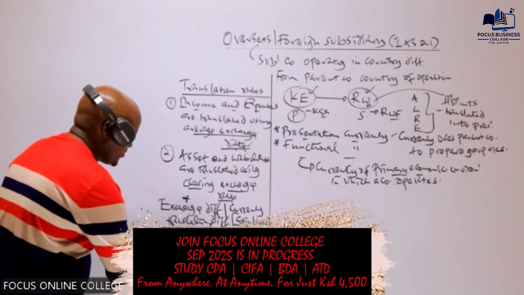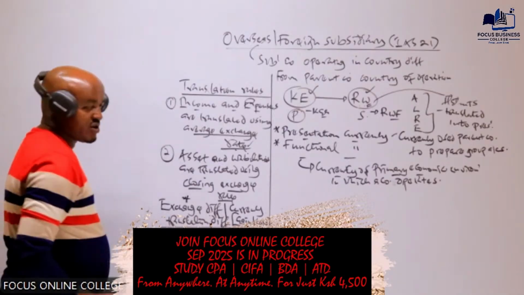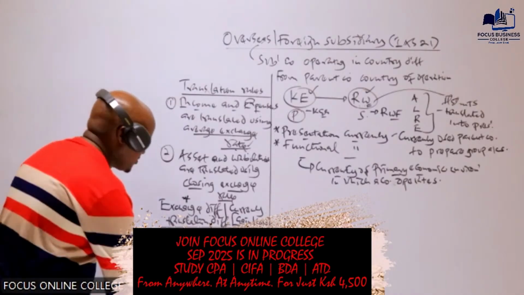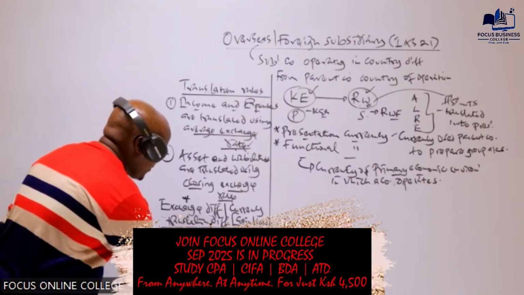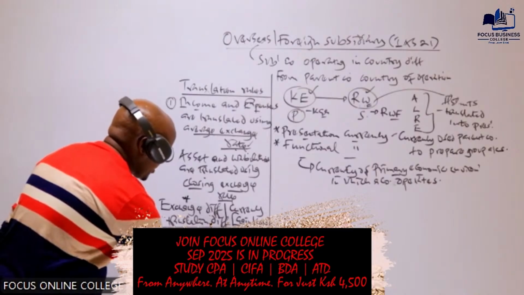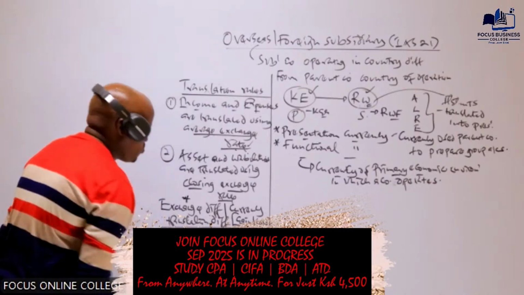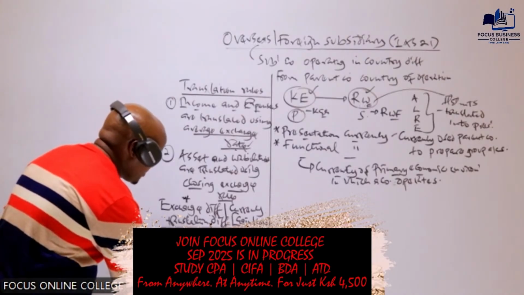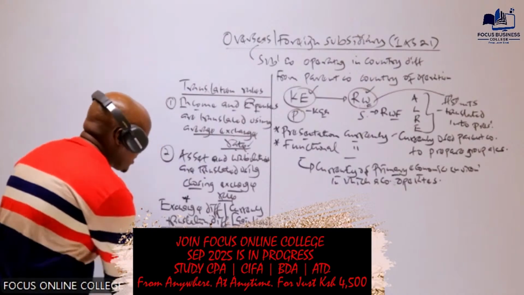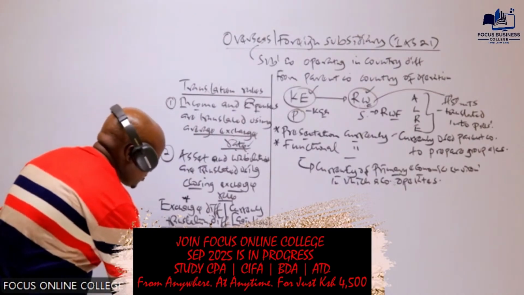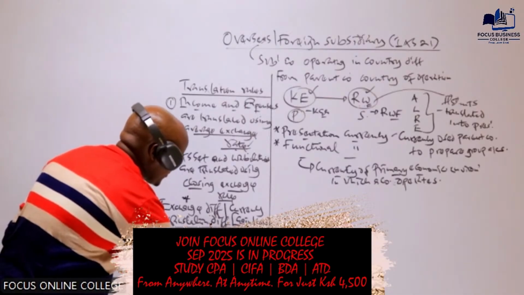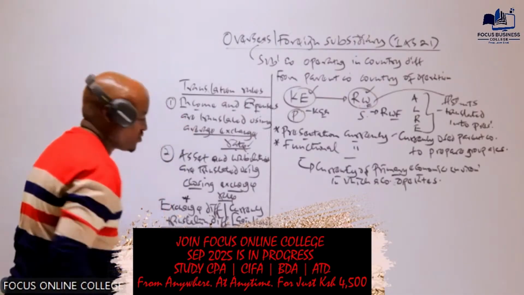One of which is goodwill on acquisition. Number two is the profit for the year. And number three, the subsidiary company's opening net assets. So opening net what? Assets.